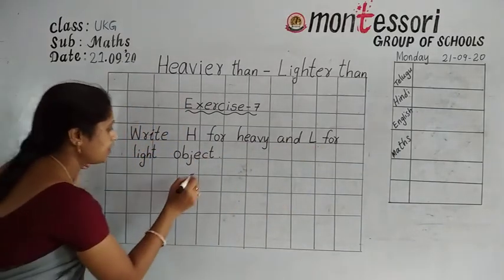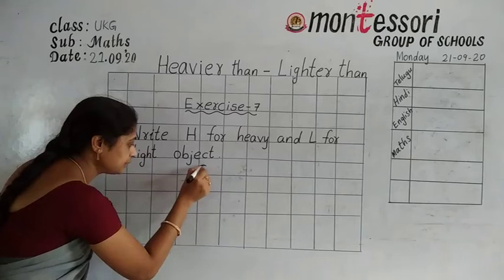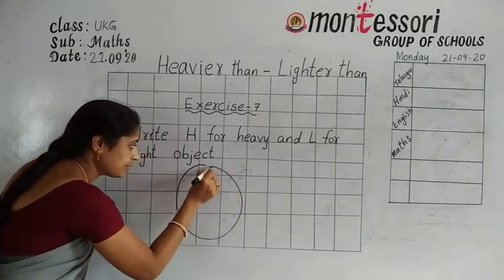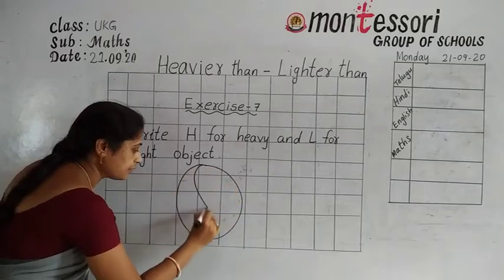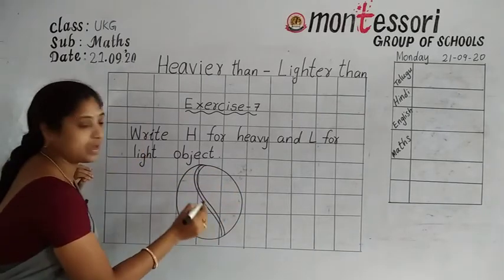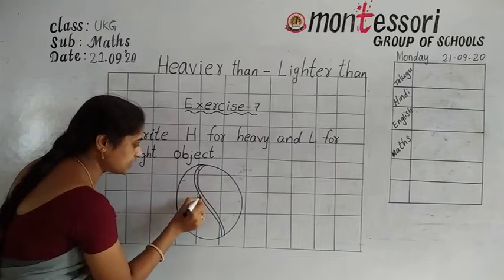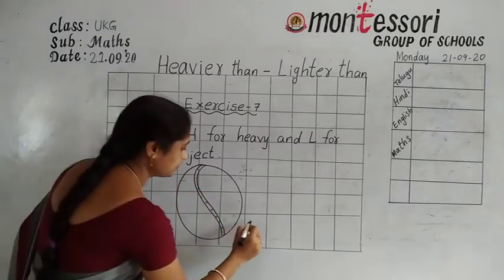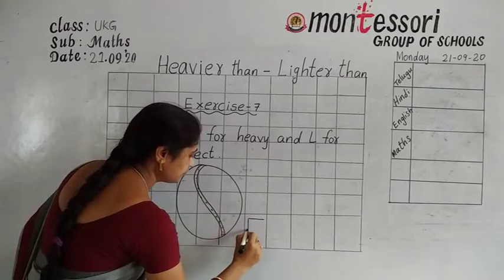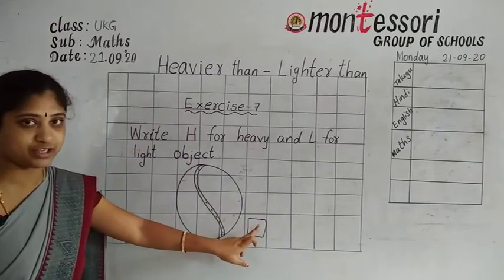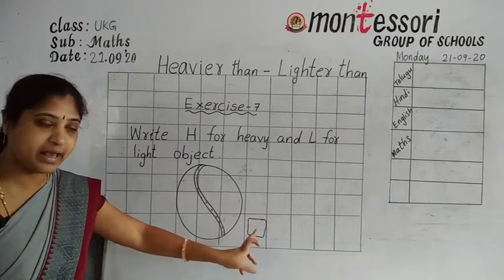Okay, now draw a circle. Okay, draw the same as I am drawing in your notebook. Heavy means write H in this box. Light means write L in this box.